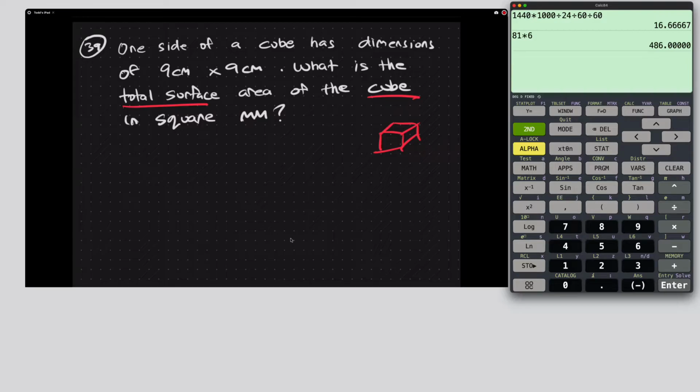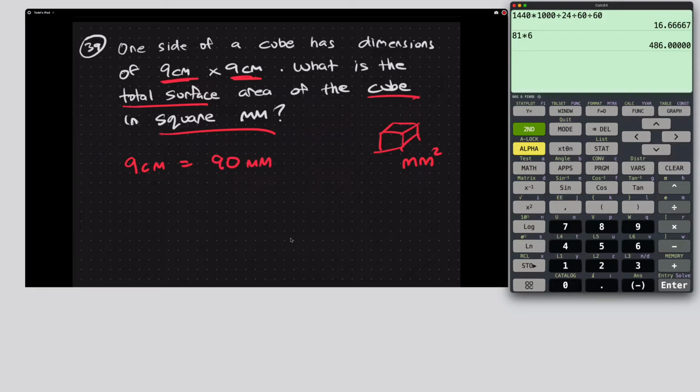But notice that the units are in square millimeters, so they want it in millimeters squared, but the lengths that were given are in centimeters. So the only thing that's tricky here is to use the number 90 instead of 9, because 9 centimeters is equal to 90 millimeters.